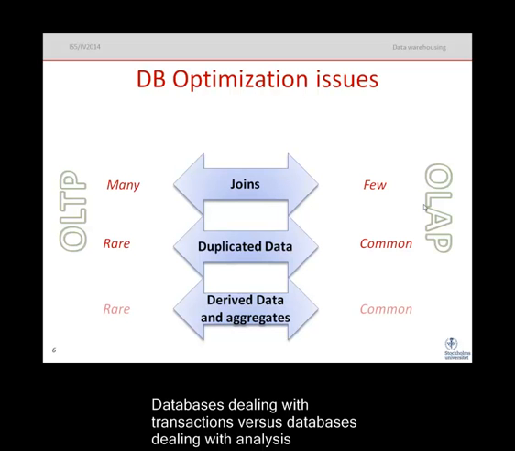So we will see that in OLTP, derived data and aggregates are very rare, while in OLAP they are very common, because if we pre-calculate things, then it's much faster just to fetch the data if we did the calculation earlier. And in OLAP we often have to do calculations.